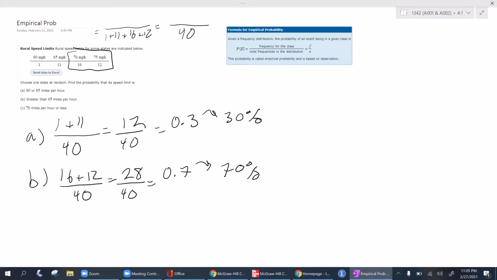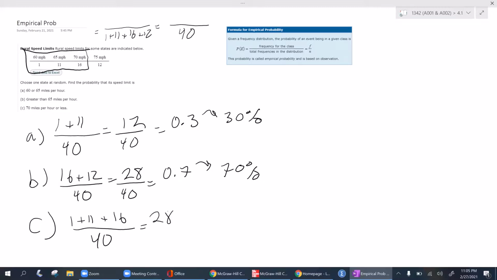And last but not least, what is the probability of choosing a state at random and it being 70 miles per hour or less? So in other words, I'm going to include 70 and anything below it. The wording there is different than B. So I can include 70 and anything below it, and that's going to be 1 plus 11 plus 16 over 40.